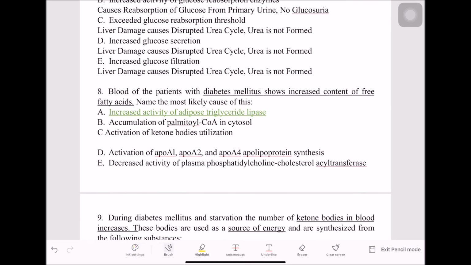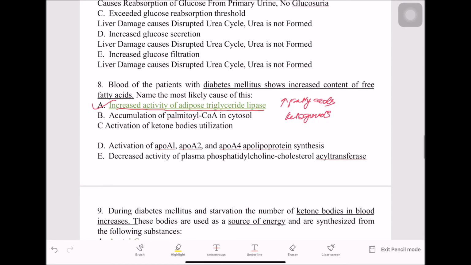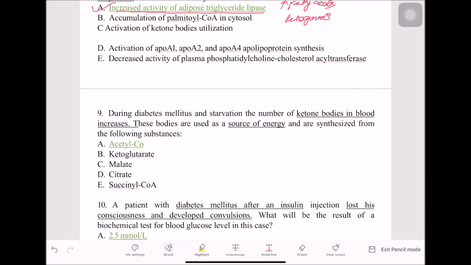The blood of a patient with diabetes mellitus shows increased content of free fatty acids. Name the most likely cause of this. That is increased activity of adipose triglyceride lipase, releasing fatty acids, which go through the process of ketogenesis. The ninth question: during diabetes mellitus and starvation, the number of ketone bodies in the blood increases.